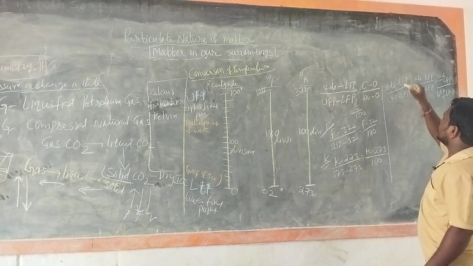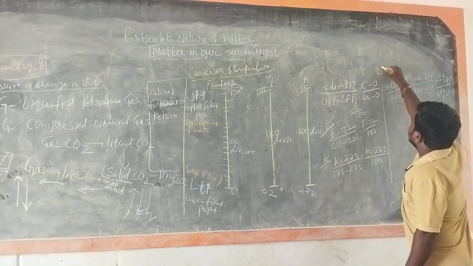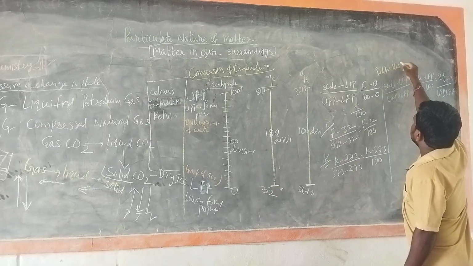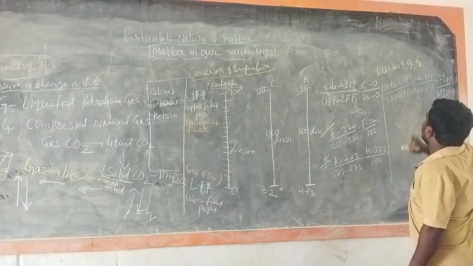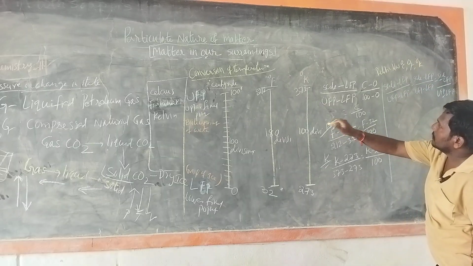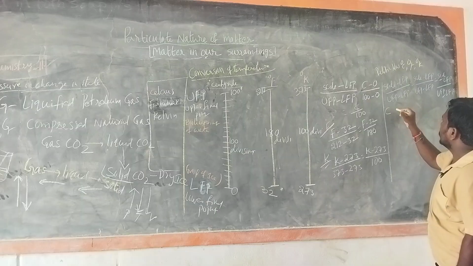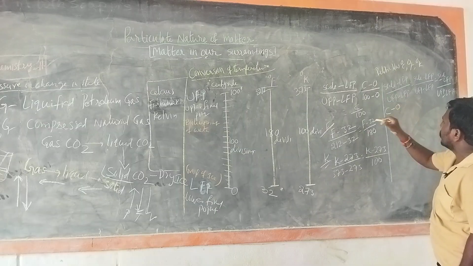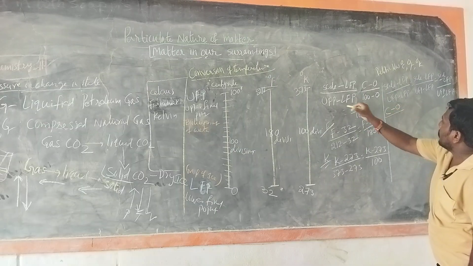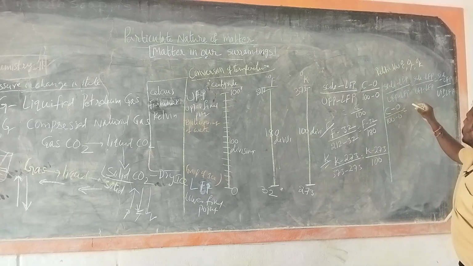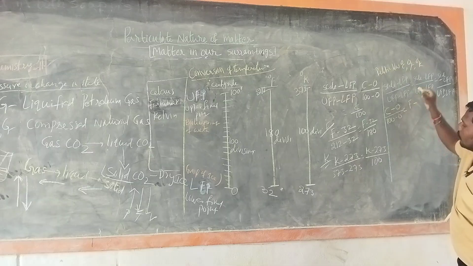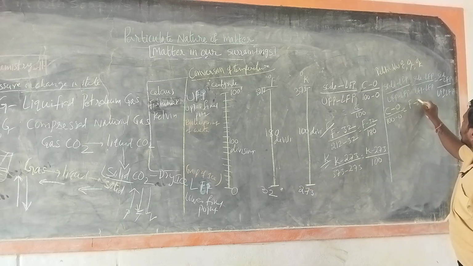Here, the relation between degree Celsius, degree Fahrenheit, and Kelvin. Scale, first one C, centigrade: lower fixed point 0, upper fixed point 100 minus 0. That is equal to Fahrenheit, F minus lower fixed point 32, upper fixed point 212 minus lower fixed point 32.